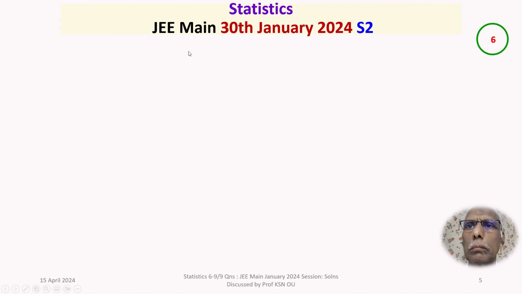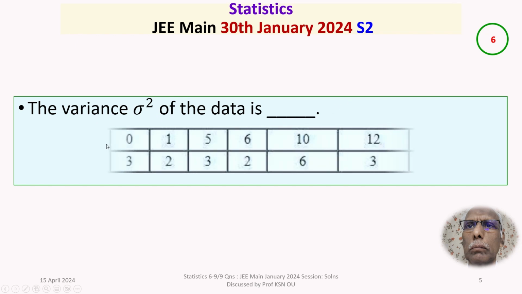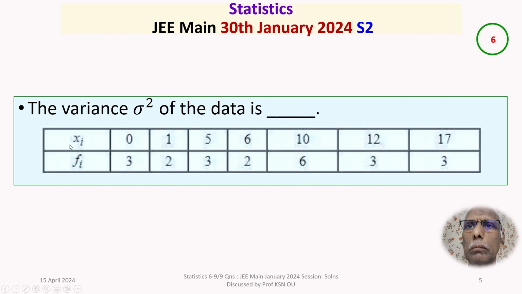This question has appeared in the Joint Entrance Examination Main held on 30th January 2024 in the second shift. The given question is: the variance sigma square of the data is this one. So Xi's, x1, x2, x3, x4, x5, x6, x7, are the observations, and Fi's are their corresponding frequencies.